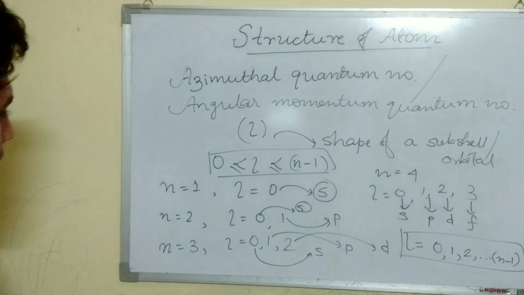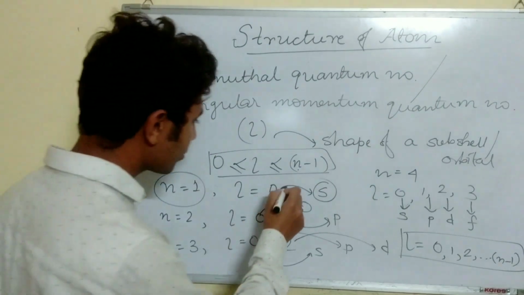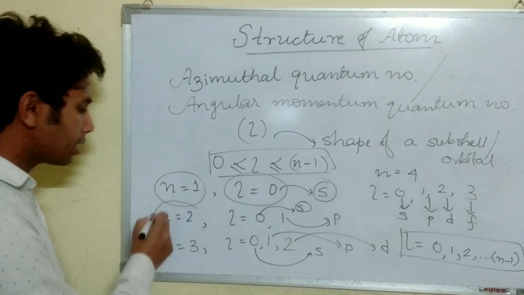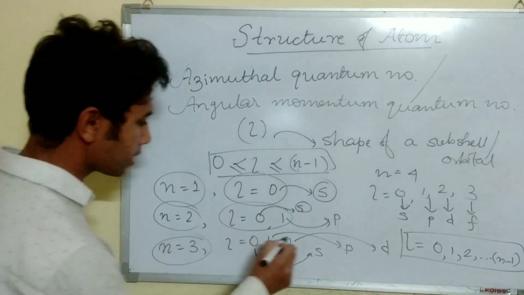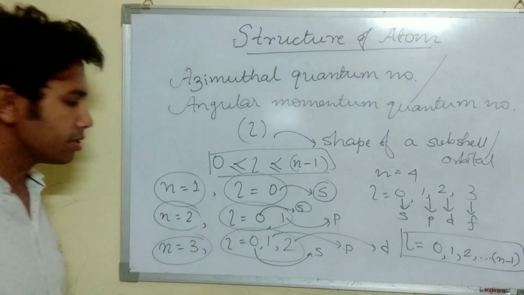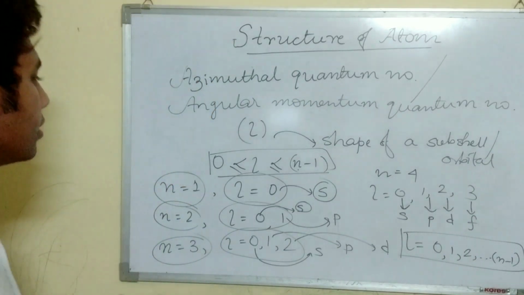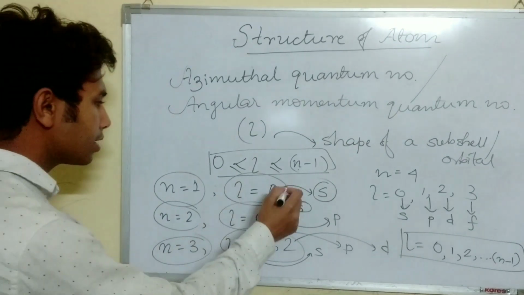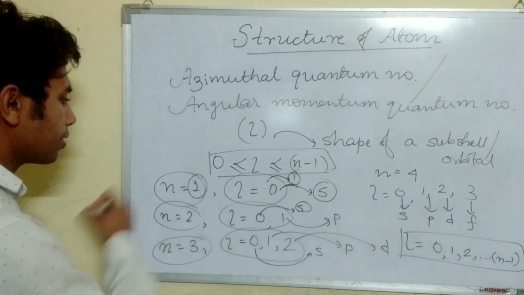So we see here for the first shell we are getting only one value of l. For the second shell we are getting two values of l. For the third shell we are getting three values of l. So the number of subshells will be equal to the number of the shell.